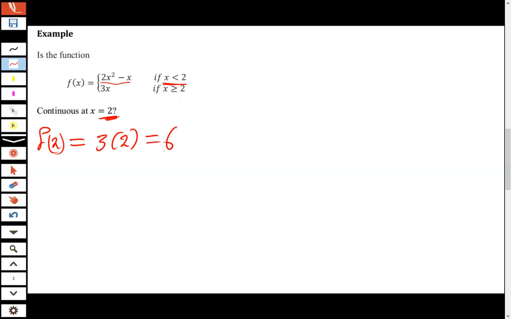After doing this, we have found the answer, meaning f of 2 exists. So let's move on to the second step.